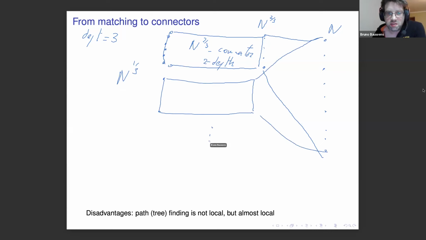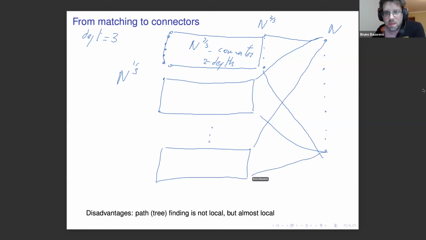And so that's the construction. So what's happening here? So this is a graph with dynamic matching. So what does it mean?